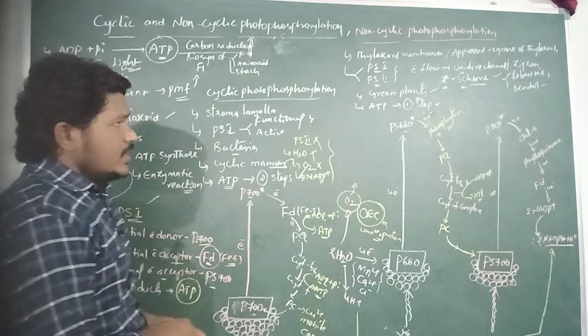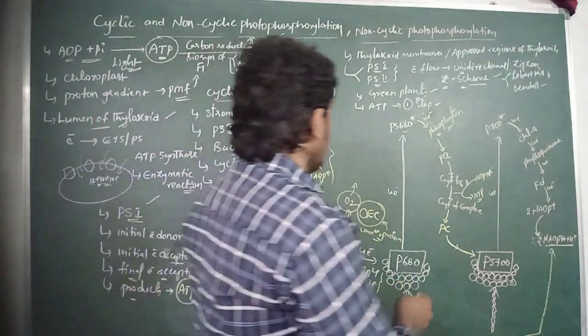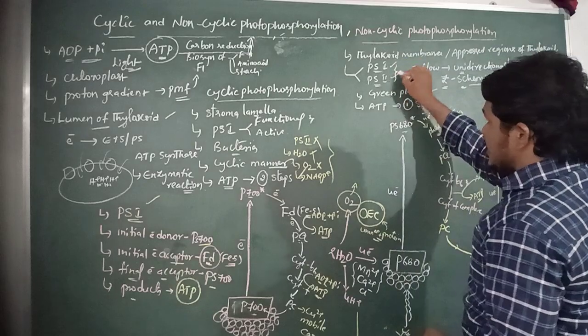If we observe the non-cyclic photophosphorylation, the involved photosystems are PS1 and PS2.